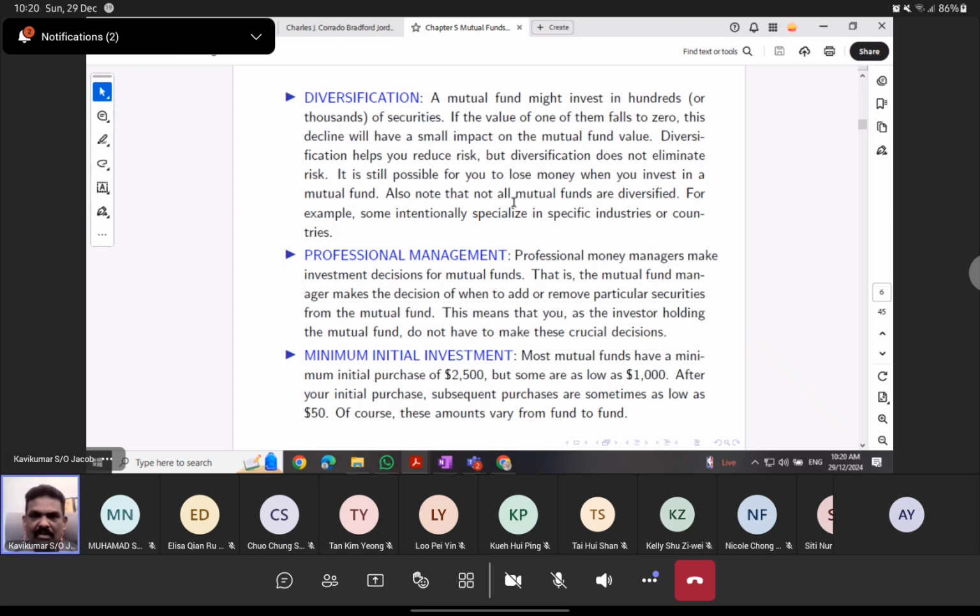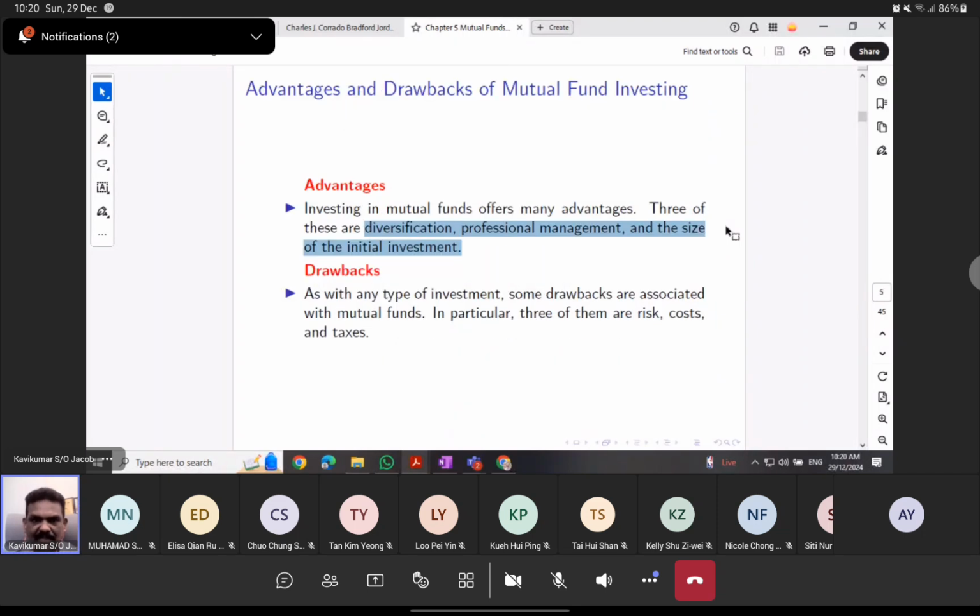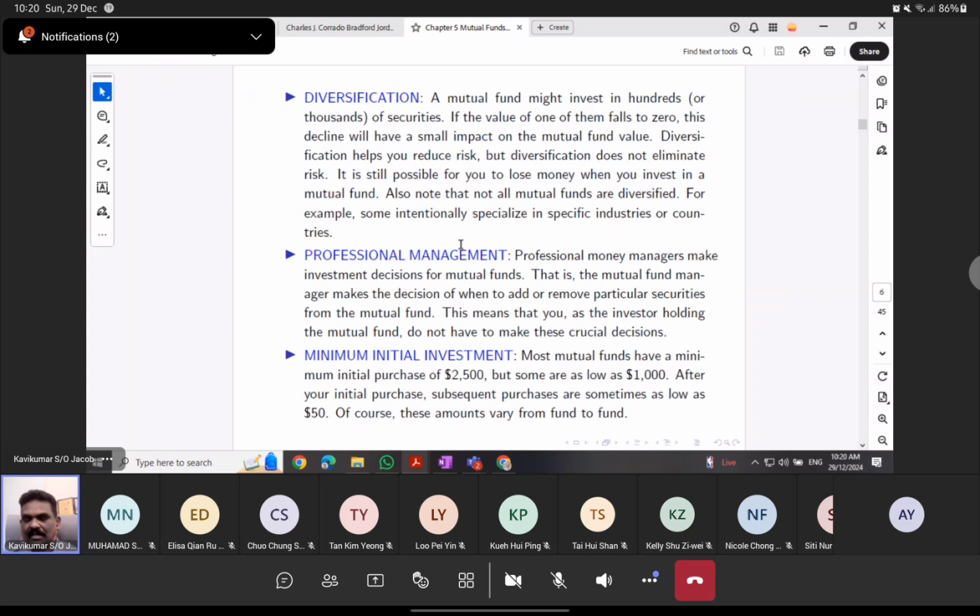Also note that not all mutual funds are diversified; some intentionally specialize in specific industries or countries. So that is the advantage of diversification. It's not advised to invest in one mutual fund, but you are advised to invest in different mutual funds, which helps reduce the risk of your money falling to zero.